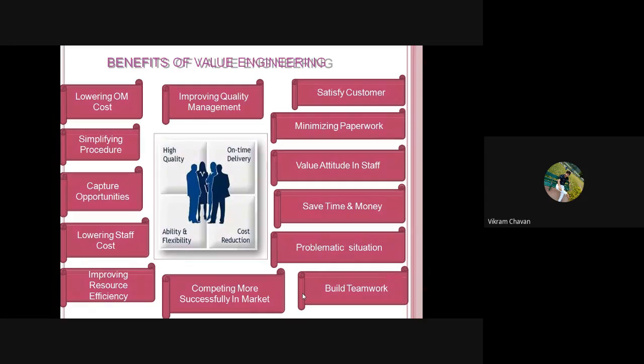We have to reduce the cost of such an existing product, physically existing in our company. So the analysis or task carried out to reduce the cost of the product and to enhance the value of that particular product or component is nothing but the value analysis.